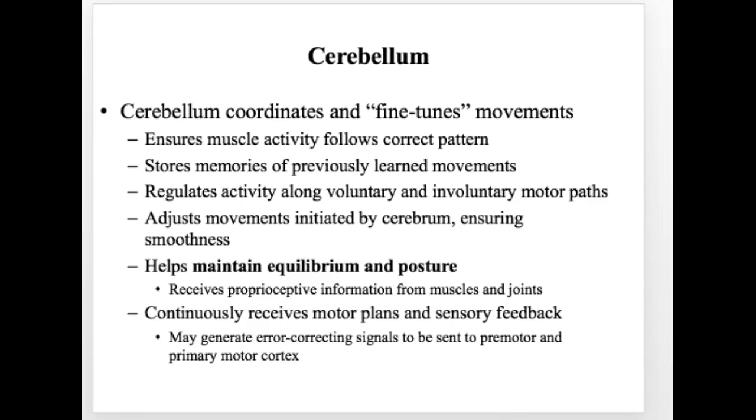What's important to remember about the cerebellum is that it helps maintain equilibrium and posture. It receives information from receptors called proprioceptors in the muscles and joints in order to maintain that balance. It continuously receives motor plans and sensory feedback.